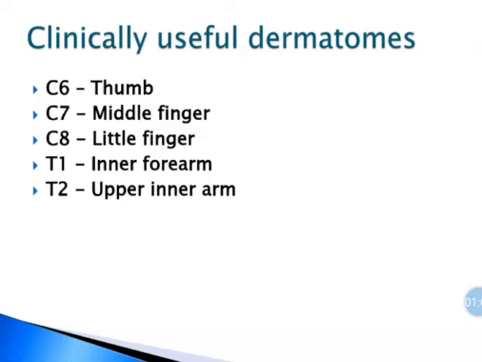Then it ascends. Inner forearm is T1 and upper inner arm is T2. That is what we observe: starting from thumb that is C6, middle finger is C7, little finger is C8, then inner forearm is T1 and inner upper arm is T2.